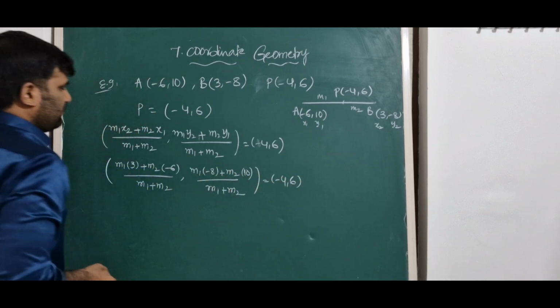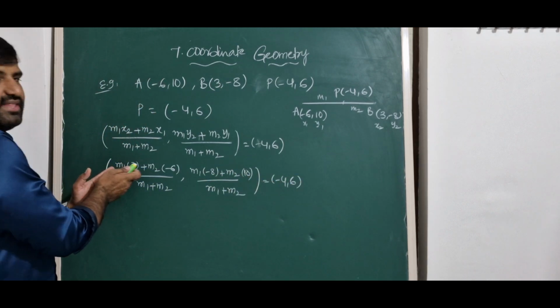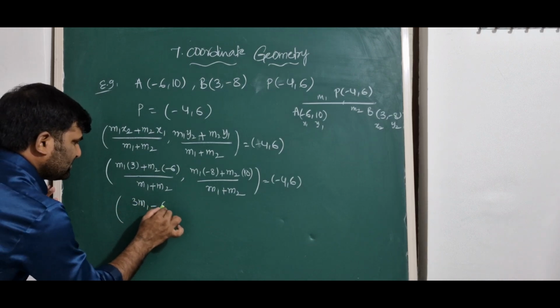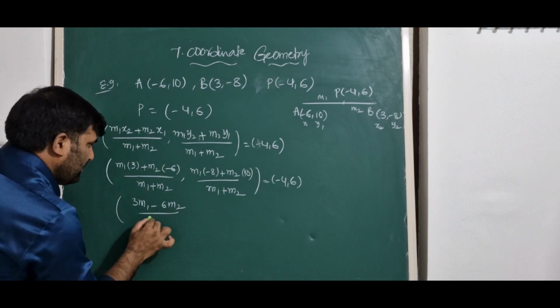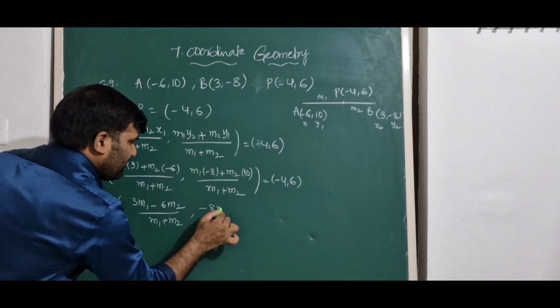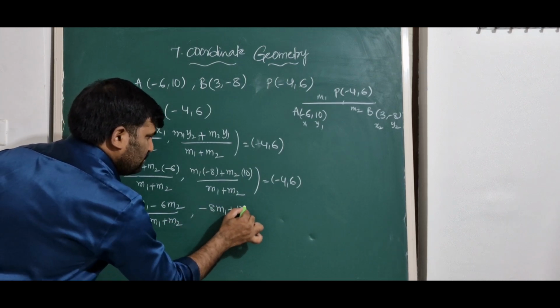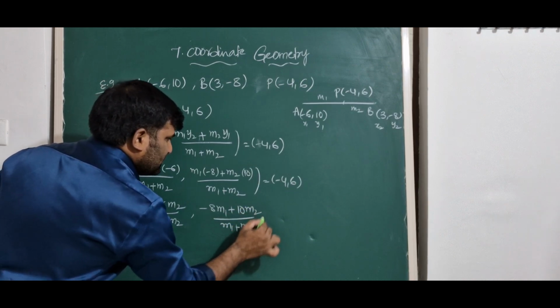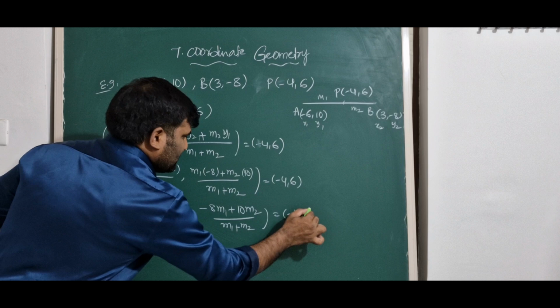Simplifying, the left side is (3M1 minus 6M2) divided by (M1 plus M2) comma (minus 8M1 plus 10M2) divided by (M1 plus M2), equal to minus 4 comma 6.